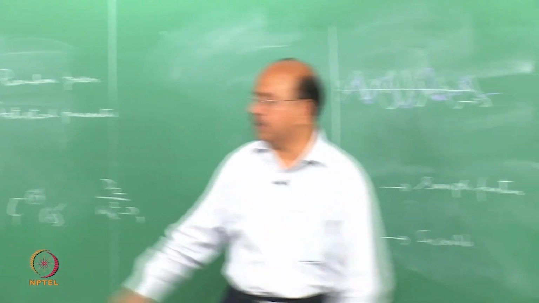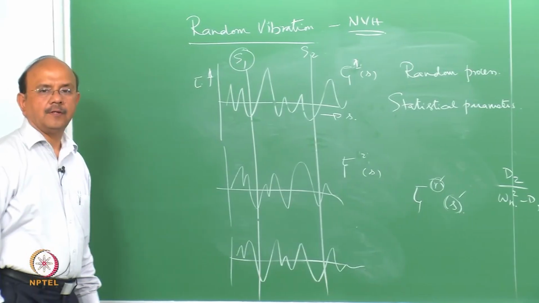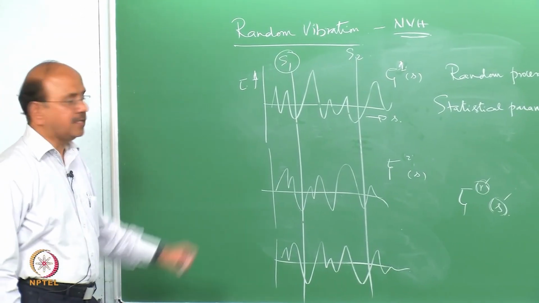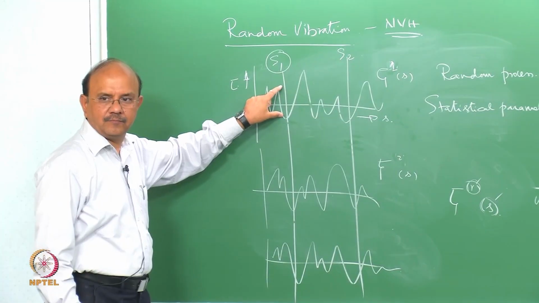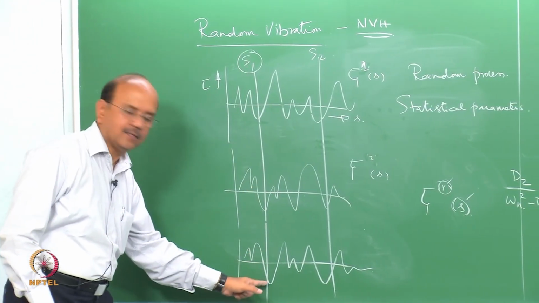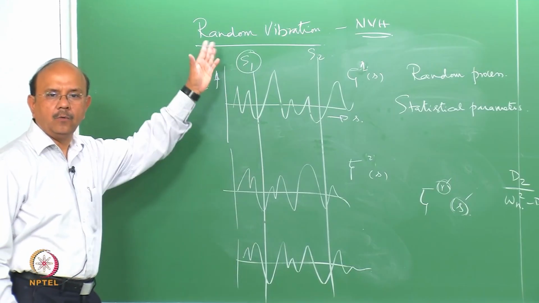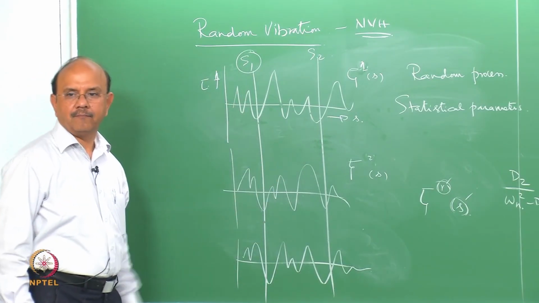For example, it can be S1. The question is, how is the roughness distributed over this, at every point in that whole ensemble?